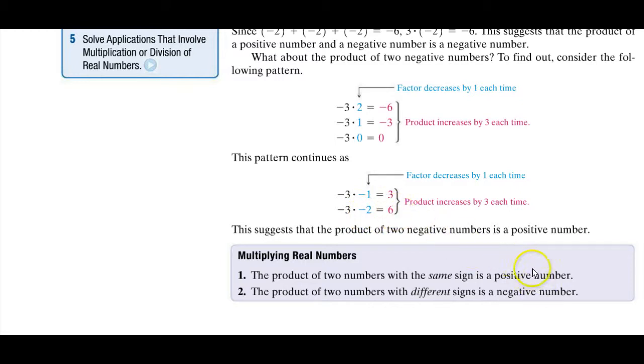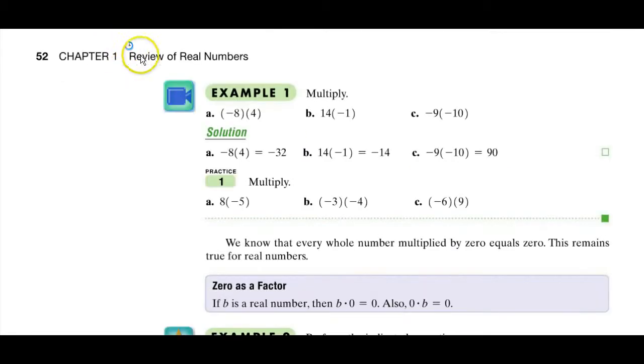So we come up with these rules. If it's the same signs, both positive or both negative, the answer is positive. If one is negative, one is positive, that is, unlike signs, the result is negative. So a strategy might be to figure out what the sign of your product will be first.